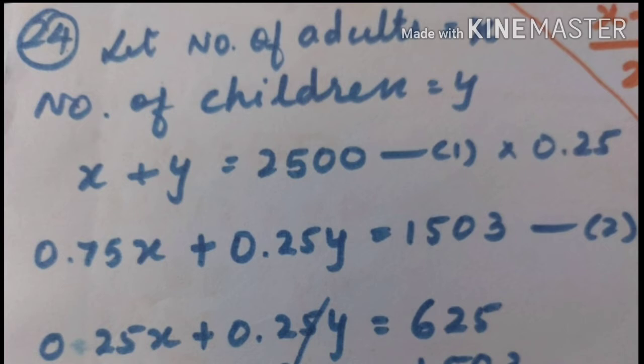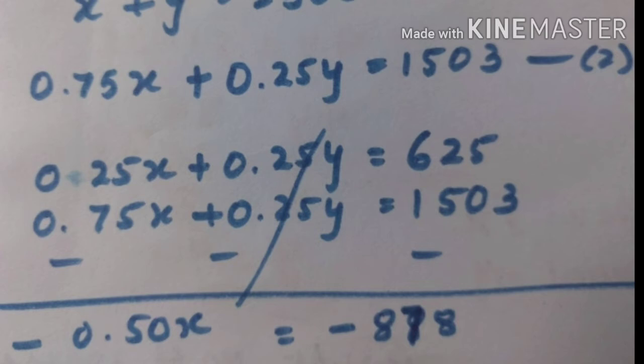Now to solve these two equations we will multiply our first equation by 0.25. So I have written 0.25x plus 0.25y is equal to 625. So now the second equation is as it is. We put the first equation and second equation underneath each other, like terms under the like terms, and then take subtraction.